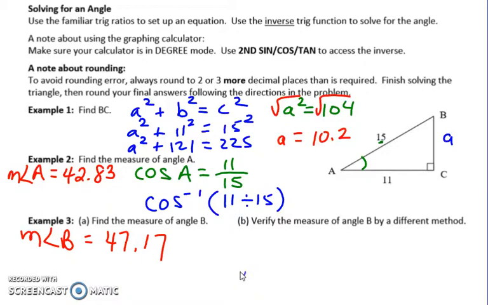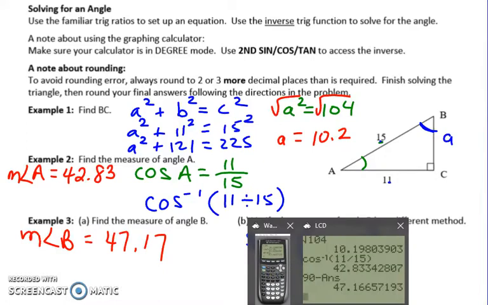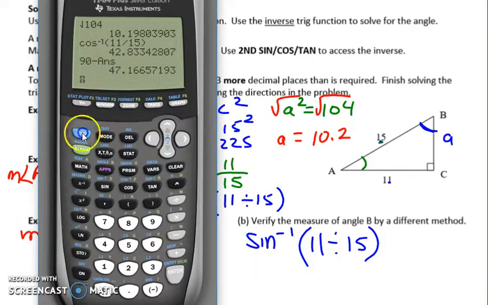But again, if I want to verify it using a different method, looking at angle B, I'm given the opposite now and the hypotenuse. So I can use inverse sine. The opposite is 11, the hypotenuse is 15. So if I go to my calculator again, second sine 11 divided by 15. Enter. We get that the measure of angle B is 47.17.